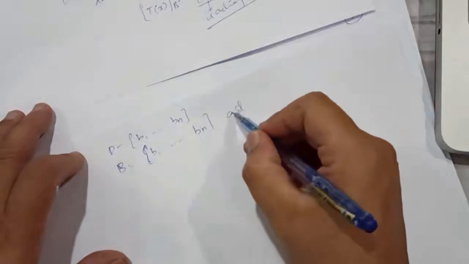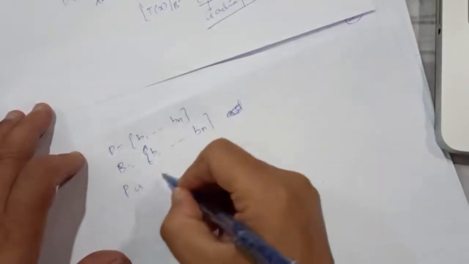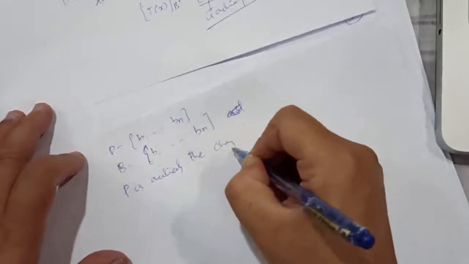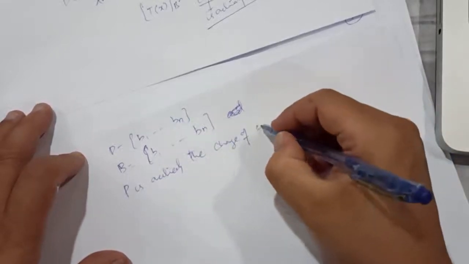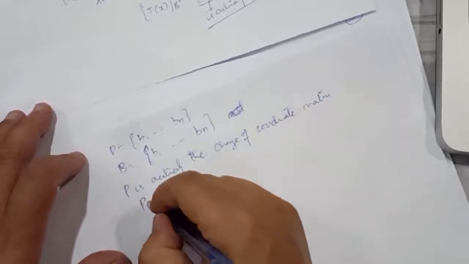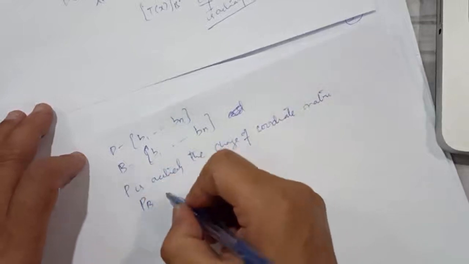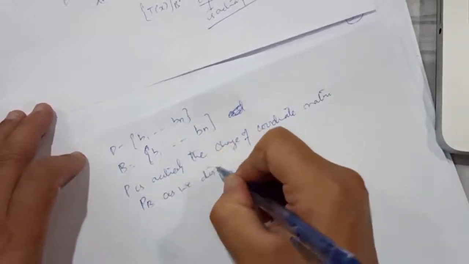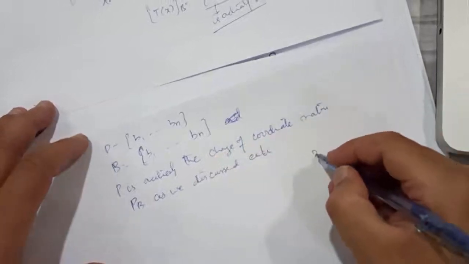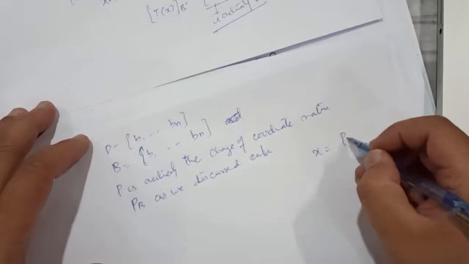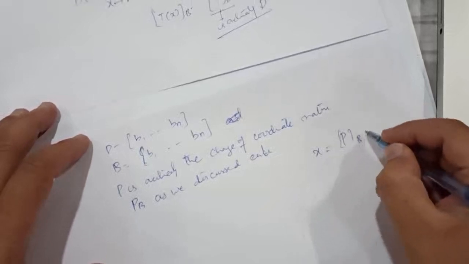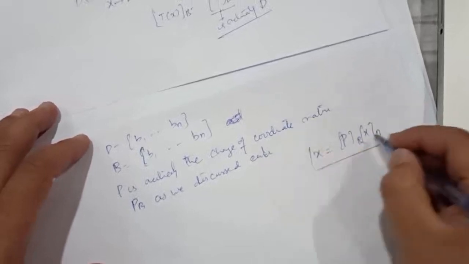So we are saying that P is actually the change of coordinate matrix P_B, as we discussed earlier, that x is equal to P_B times x_B. Normally you don't write the subscript B on P, so it's just written as x equals P times x_B, right?